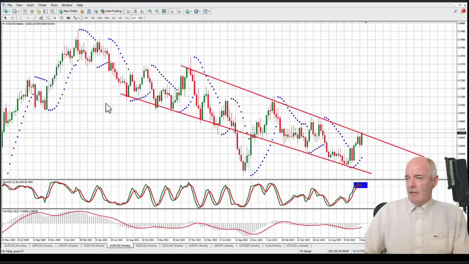You'd have to be blind not to see this beautiful downward trend that started in February of 2021. So we can see clearly what's been happening with the Australian dollar going down against the American dollar. MACD doesn't really help us. It looks like it's consolidating, to be honest.